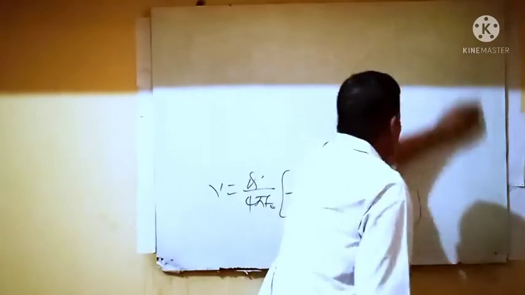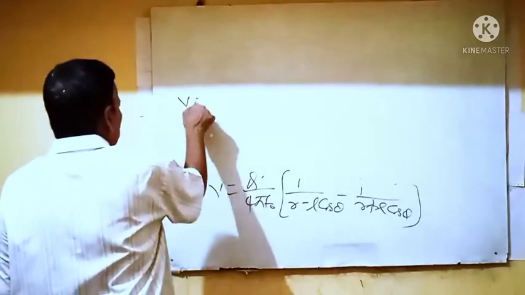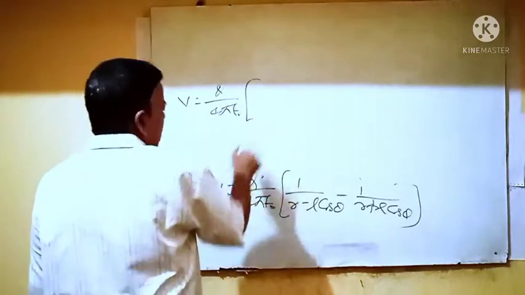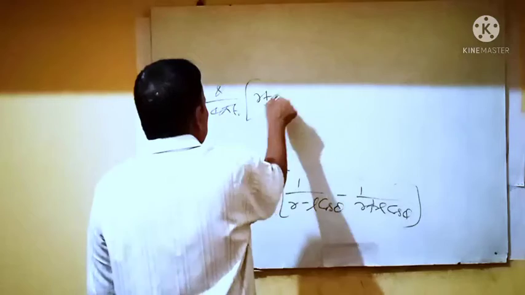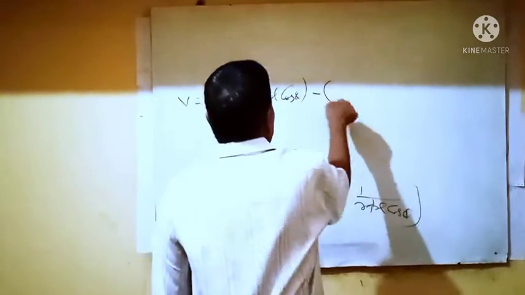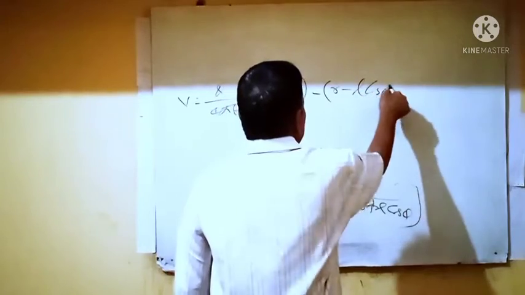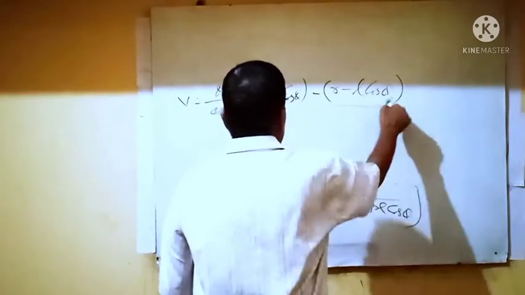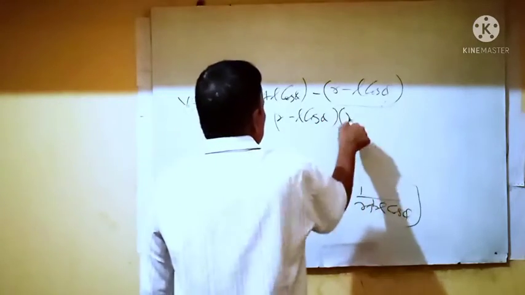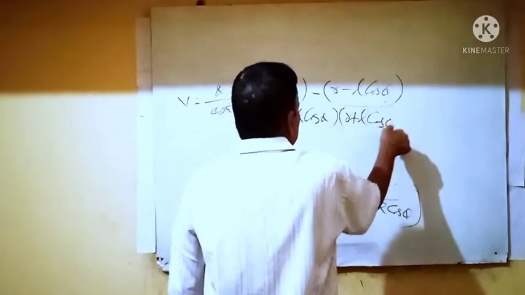So V is equal to Q by 4 pi epsilon naught. It is written as r plus L cos theta minus r plus L cos theta, divided by r minus L cos theta into r plus L cos theta.